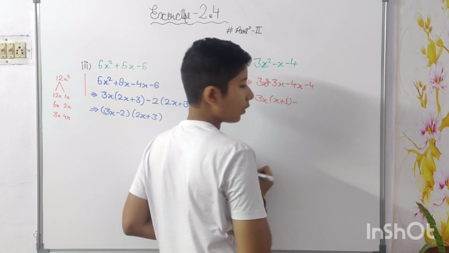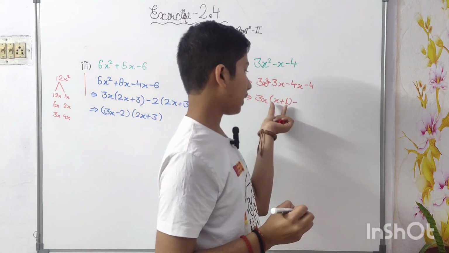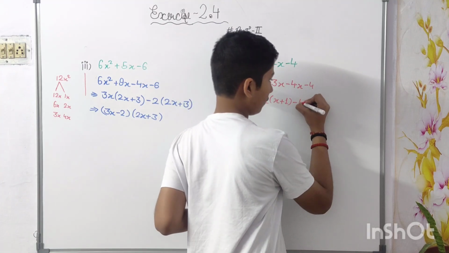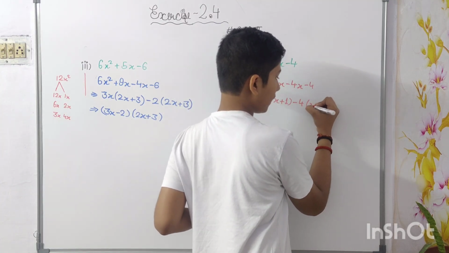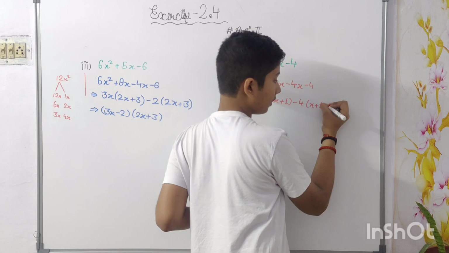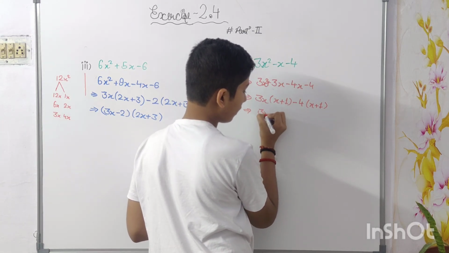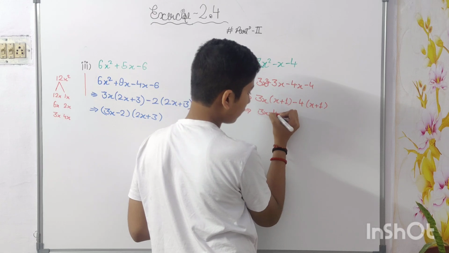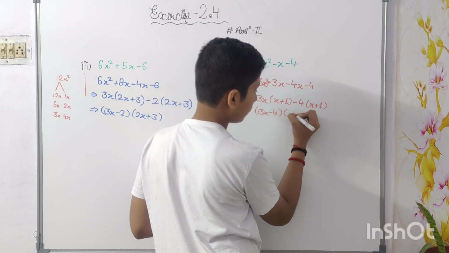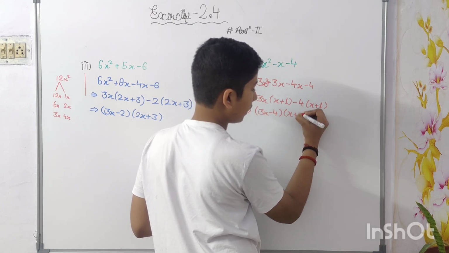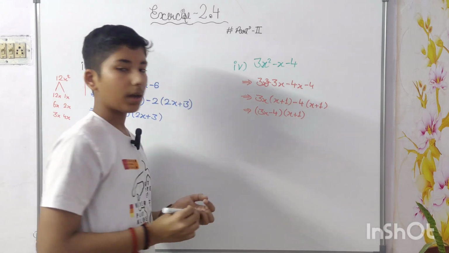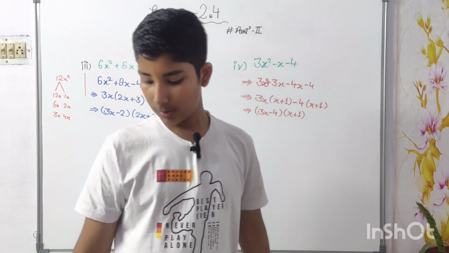If we take minus common, so that it is also same as this bracket, 4 will get common, x plus 1. Now 3x minus 4, x plus 1. This is our answer of this question.